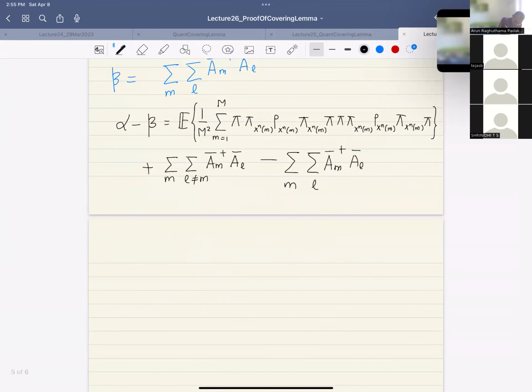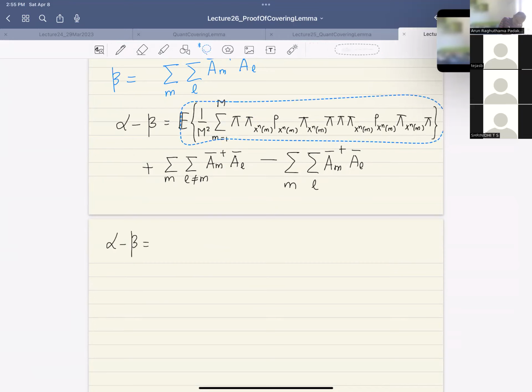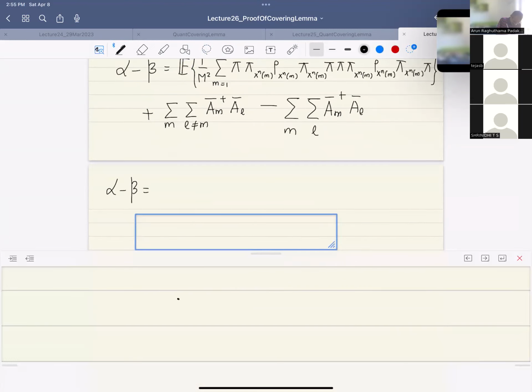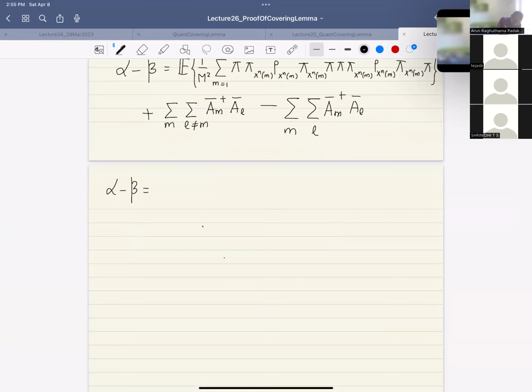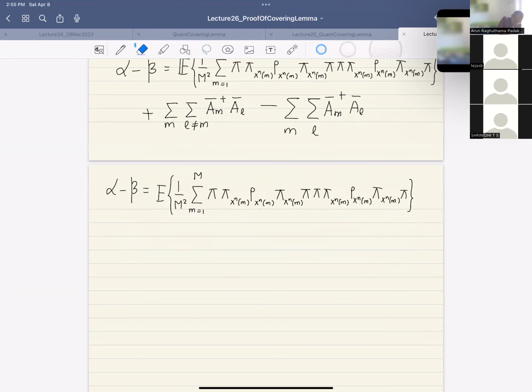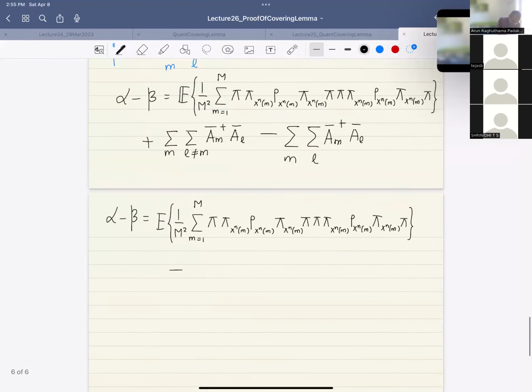So can I say alpha minus beta is, I'm not going to write the first term again, just going to copy and paste, minus, you have the following, right?